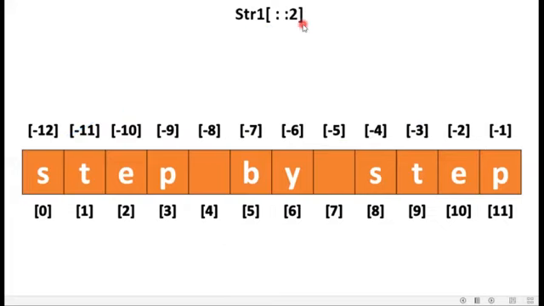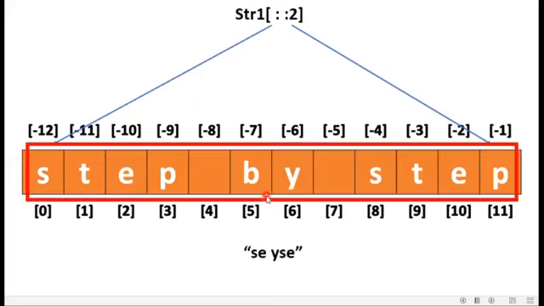Now we are writing over here, as I have shown you earlier also, that if we are omitting starting and ending values over here, it will be taken as default in this way, right? And because we have taken the stride value as 2, it will be printed in this way. So S, E, space, Y, S, E. So we have learned about all types of examples of positive indexing and positive stride value.